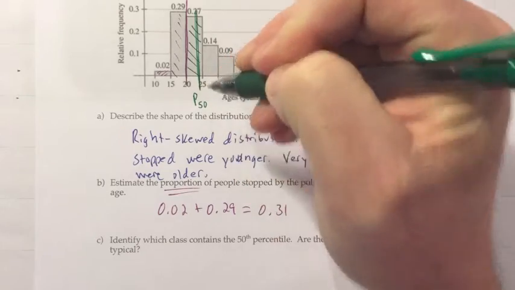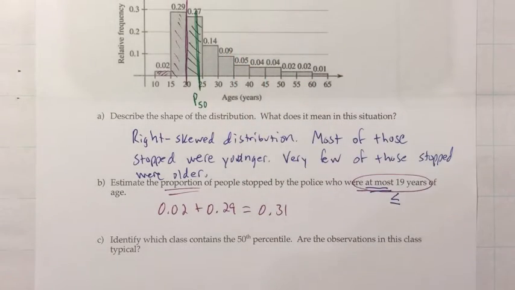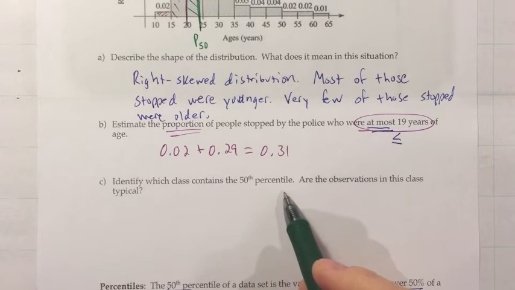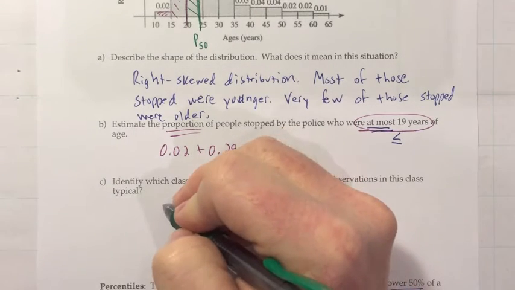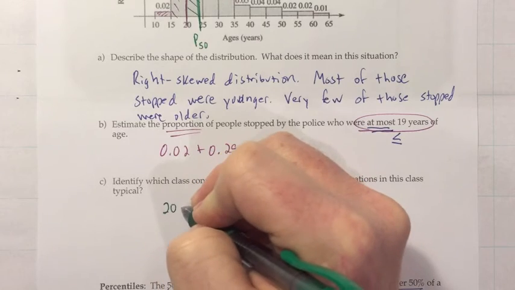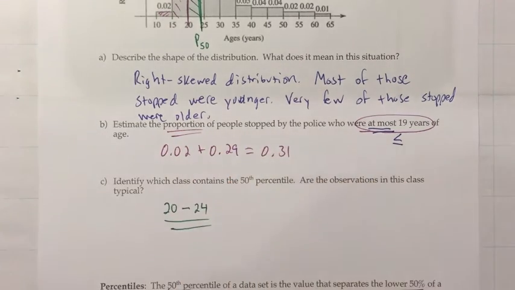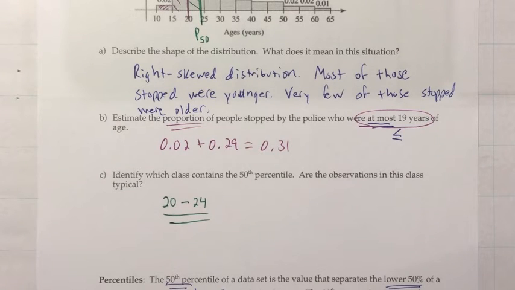We denote that with a capital P. So P50 is somewhere around there. So which class contains the 50th percentile? I would say that's in the class 20 through 24. So somewhere in that age 20 through 24 is an age that cuts the percentage of people that were stopped by the police in half, a lower half and an upper half.